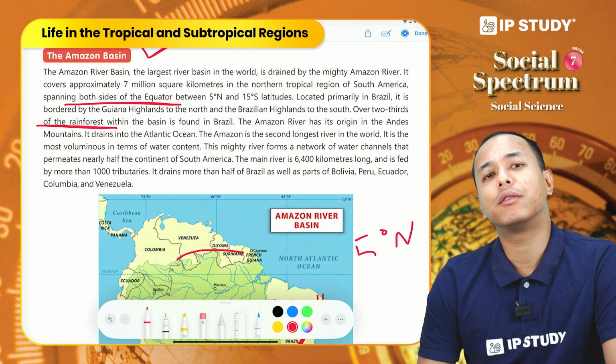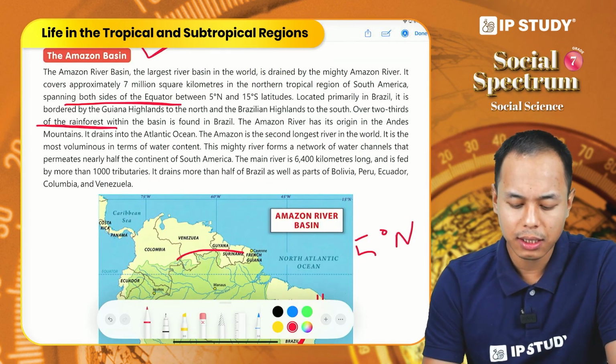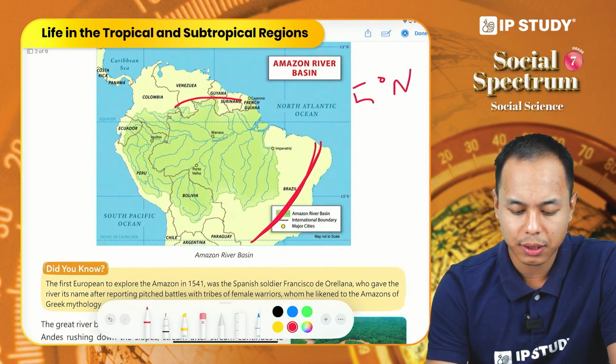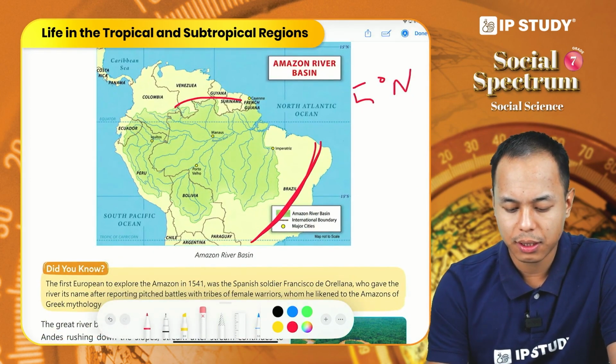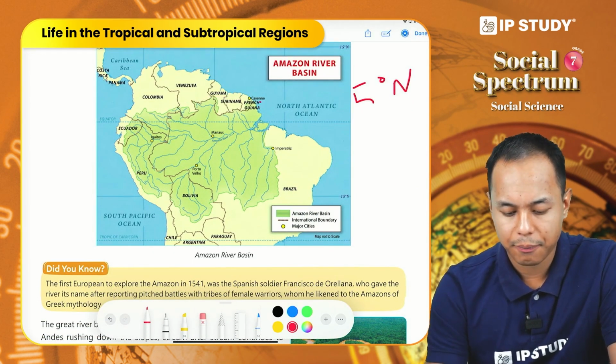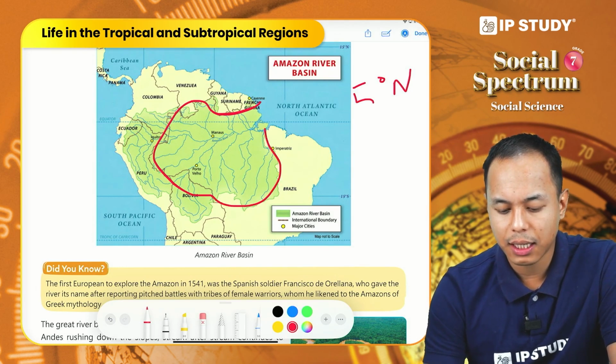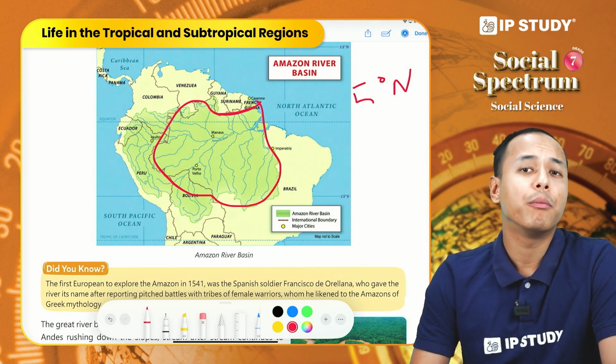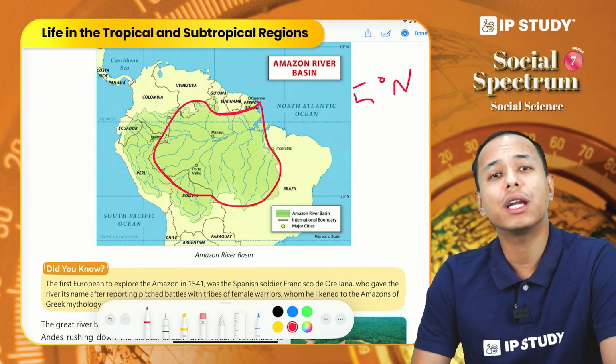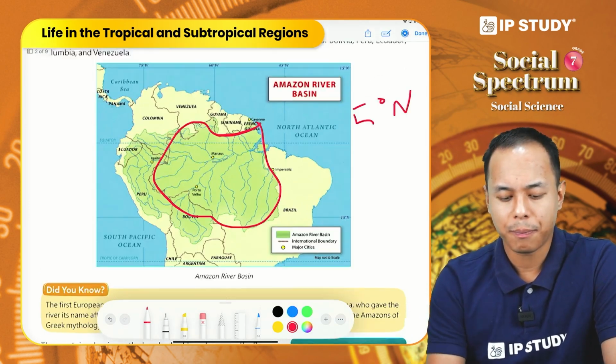Almost 2/3 of the rainforest is within the border of Brazil. See, this is the border of Brazil, and if you can see here, almost 2/3 of the rainforest is located within Brazil.